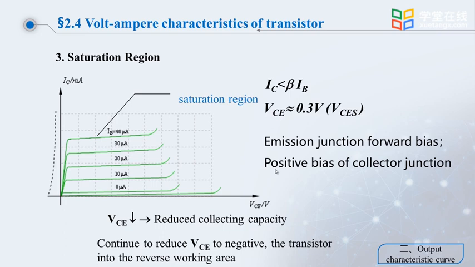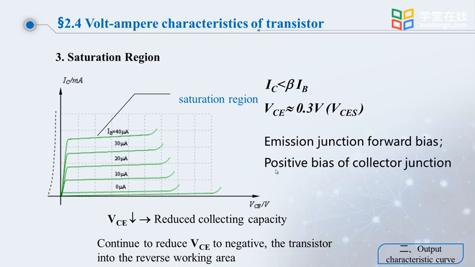Now let's look at the saturation zone. When the transistor is in the saturation zone, its emitter junction and collector junction are both forward biased. In the characteristic curve, we see a dotted line here, and the approximate abscissa of the dotted line is 0.3 volts. VCE is approximately 0.3 volts.